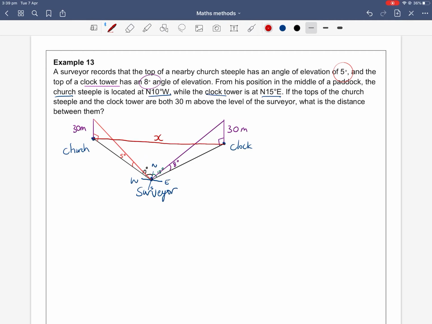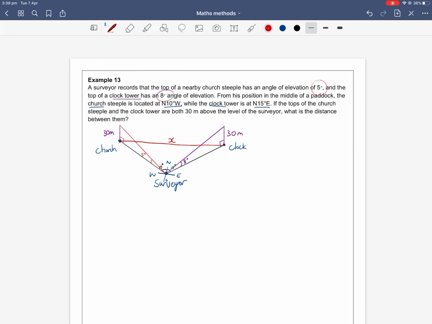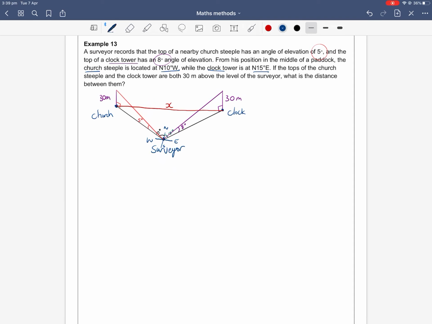At the moment, this is a bit hard to annotate over. So suppose we're going to flatten the 3D triangles of the angle of elevation so that we can just see triangles flat on the page. What would it look like? Well, it would look like something like this. So I've got the surveyor, I've got the clock, and I've got a church.